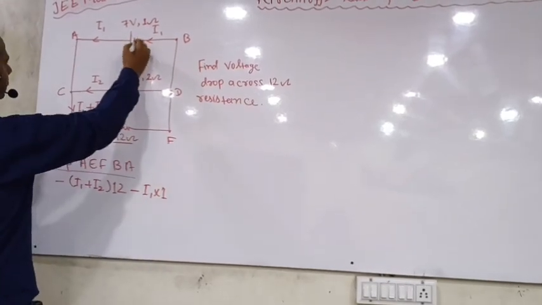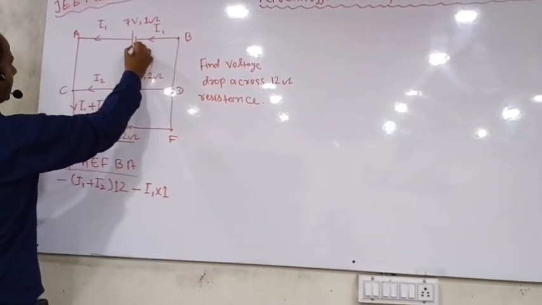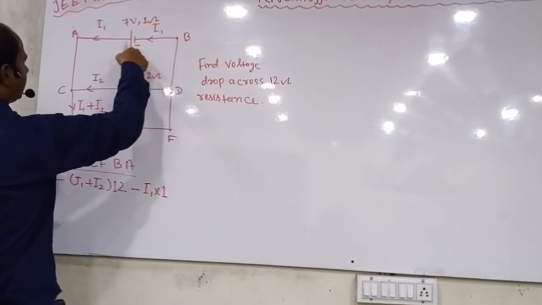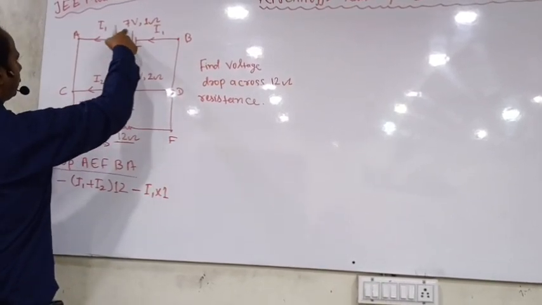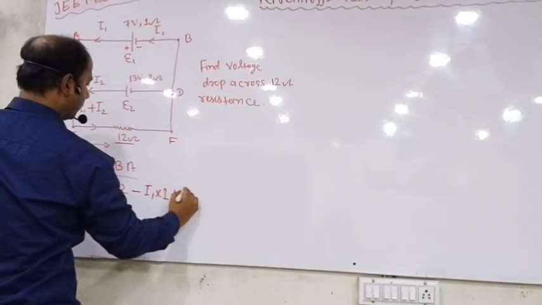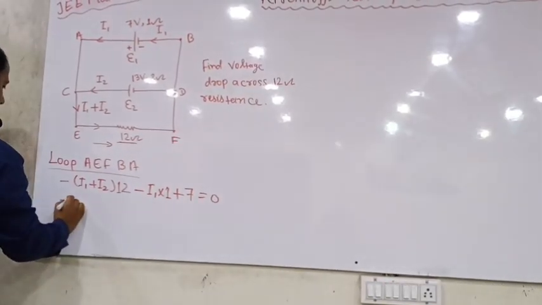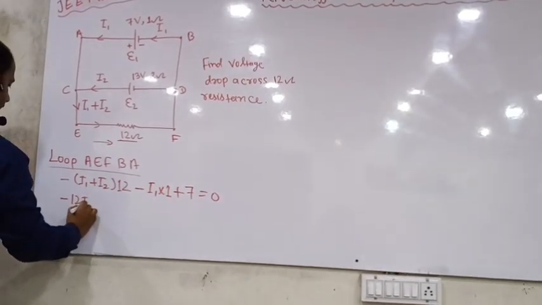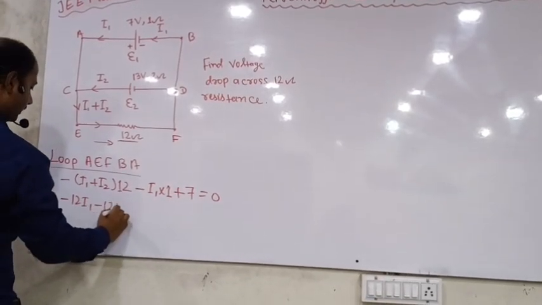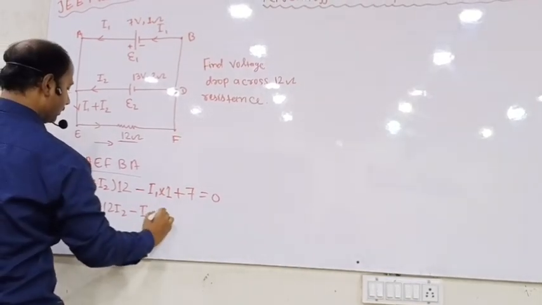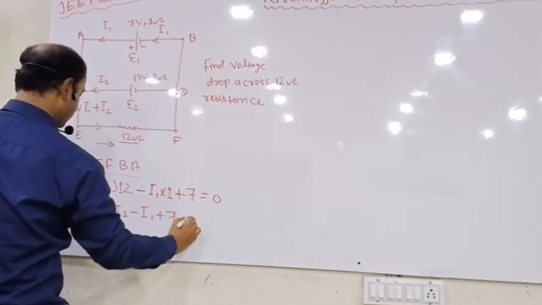Now the source of EMF, we are moving from negative to positive, so it becomes plus E1, that is plus 7, equal to 0. Therefore minus 12 I1 minus 12 I2 minus I1 plus 7 equals 0.